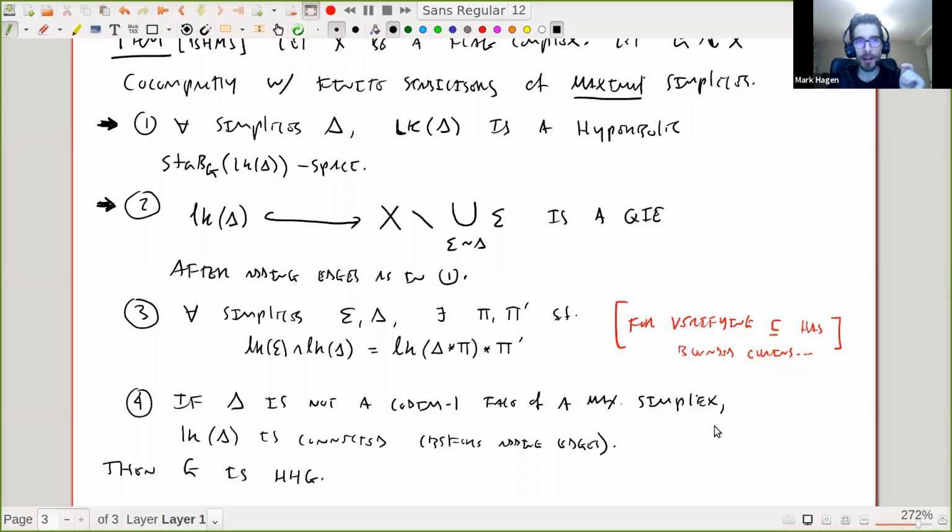The empty set inside of X counts as a simplex. So the fourth condition says that X itself is connected, because X is the link of the empty set. And the first condition then says that X is this hyperbolic simplicial complex that you're acting on.